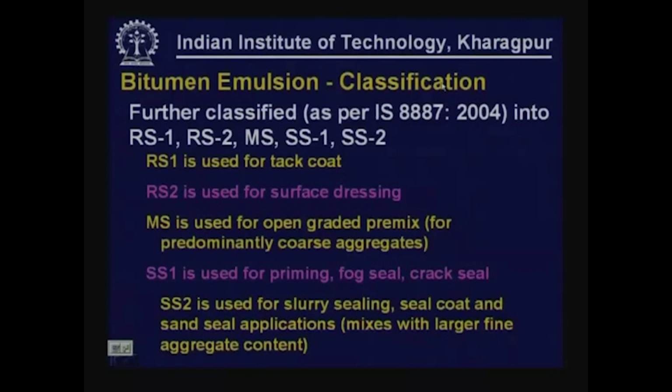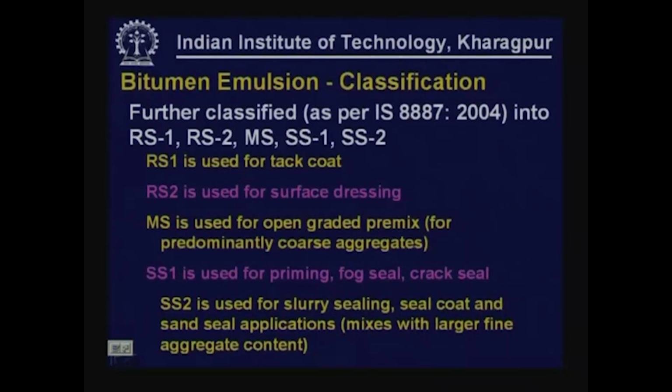The bitumen emulsions are further classified as per Indian Standard 8887:2004, the most recent version, into RS1, RS2. Rapid setting emulsions are divided into two different groups, and slow setting emulsions are also divided into two different groups. The uses are also identified.